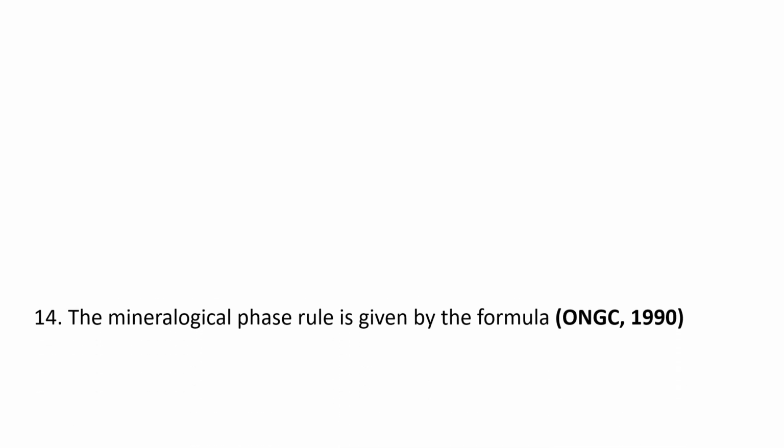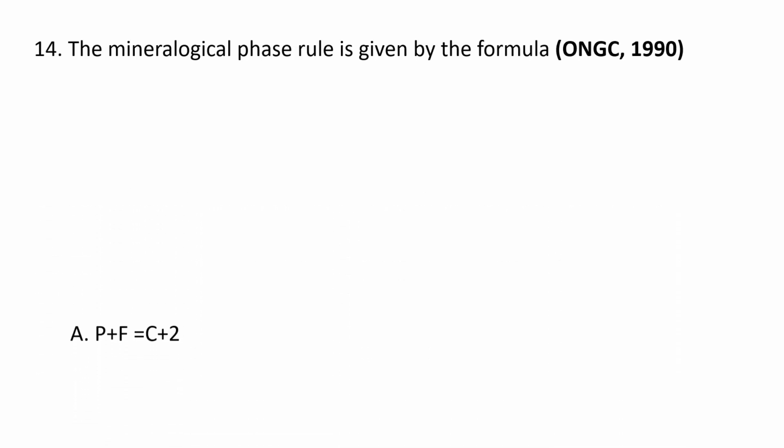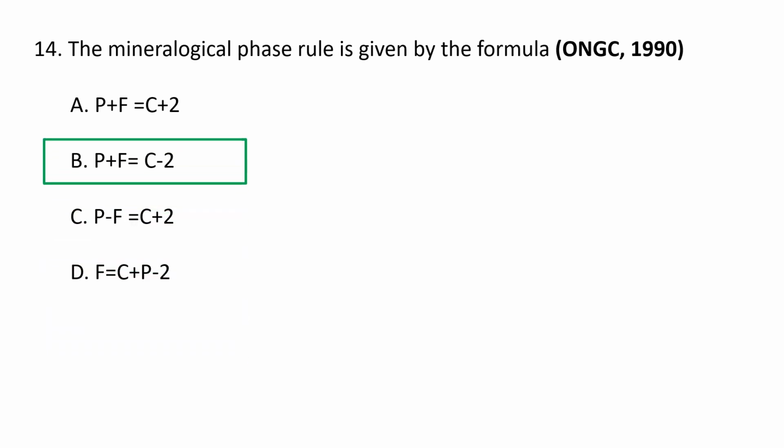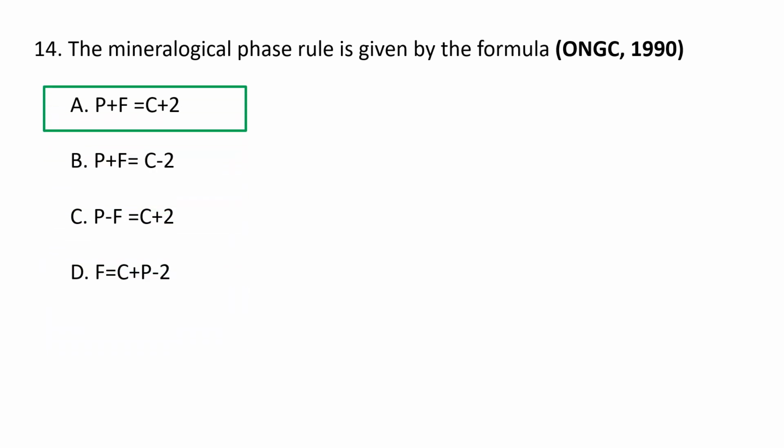Next question. The metallurgical phase rule is given by the formula A. P plus F is equal to C plus 2, B. P plus F is equal to C minus 2, C. P minus F is equal to C plus 2, and D. F is equal to C plus P minus 2. The metallurgical phase rule is given by P plus F is equal to C plus 2.